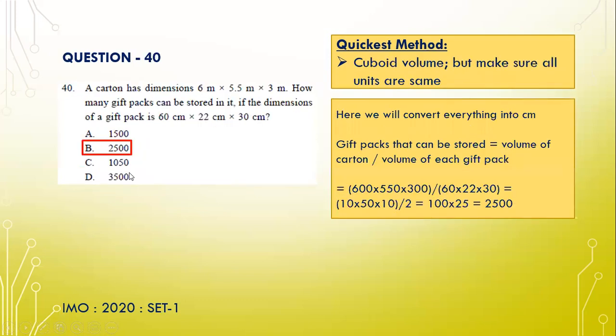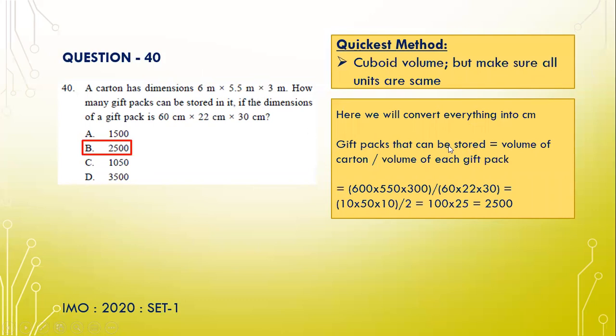A carton has dimensions 6 meters into 5.5 meters into 3 meters. How many gift packs can be stored in it, if the dimensions of a gift pack are 60 by 22 by 30? So again, the number of packs which can be stored is the volume of the carton upon the volume of each gift pack. But we have to make sure that the units are the same.